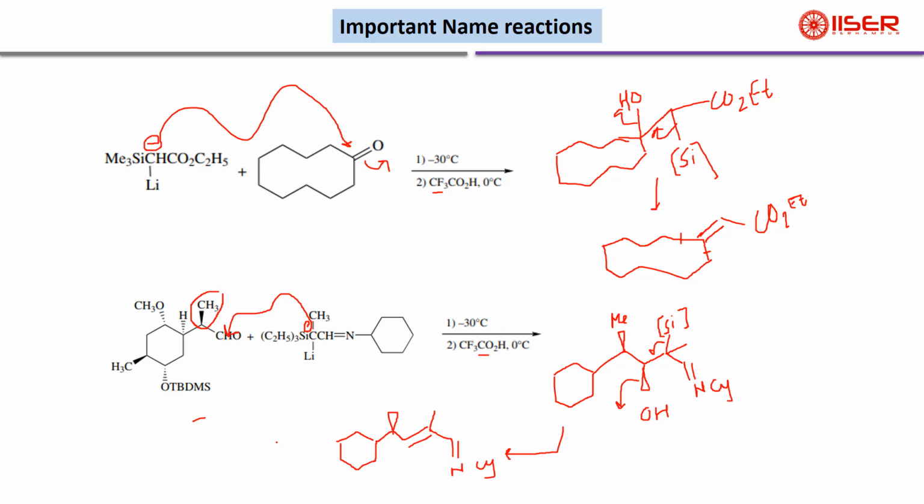Okay, the other stereochemistry will be the same, so I haven't drawn it. All this part will be same as the substrate, so I am not drawing it. Okay, let's go to the next one.